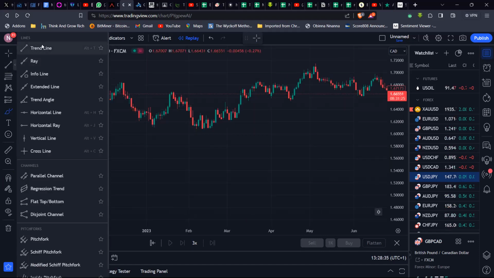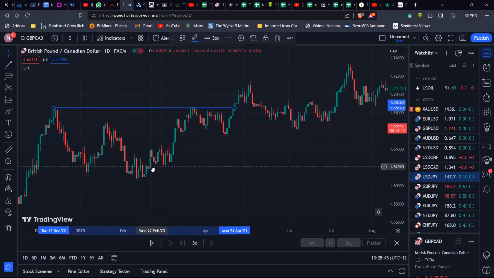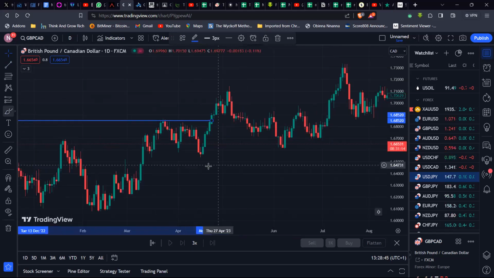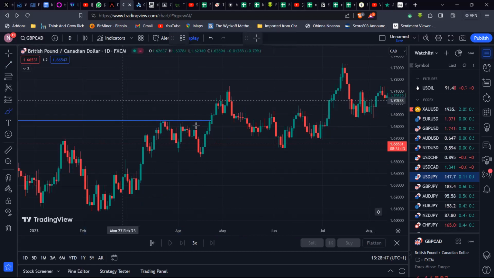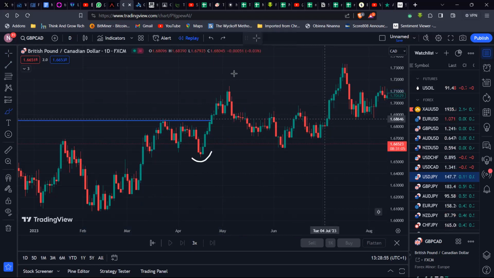Trend line. So this is where we came from, and we broke here. Then the move came from this low to this high. Am I correct? I think so.